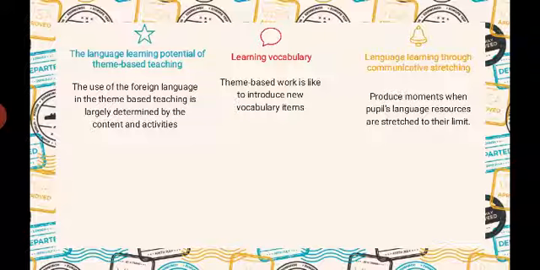In this case, communicative stretching produces moments when pupils' language resources are stretched to their limit. If we want to relate it to the previous question, how children may be able to work out the meaning of vocabulary or of language: in this communicative stretching, the children need to be supported.